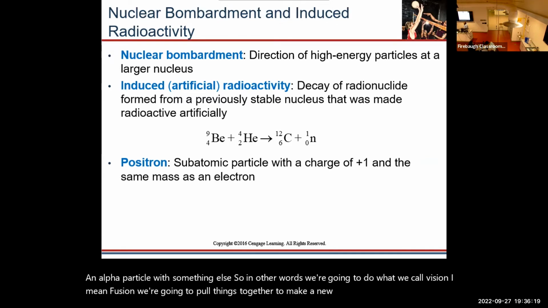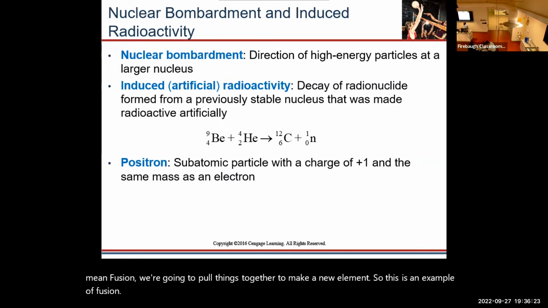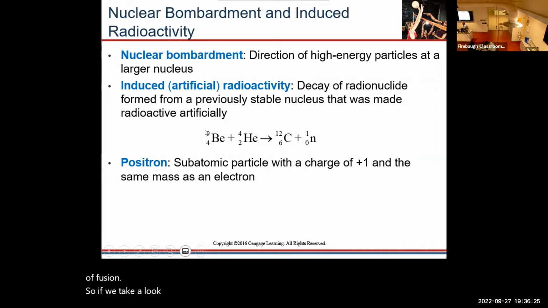This is an example of fusion. We have beryllium 9, and we add an alpha particle. As a result, we end up with carbon 12, and we get a neutron.